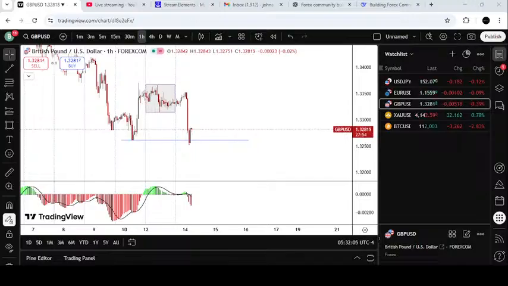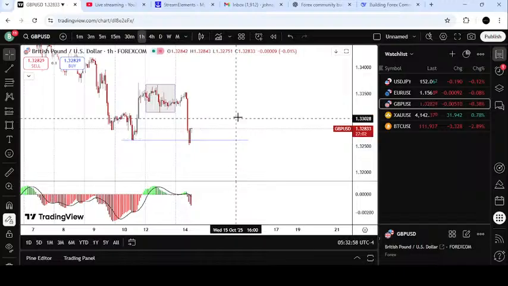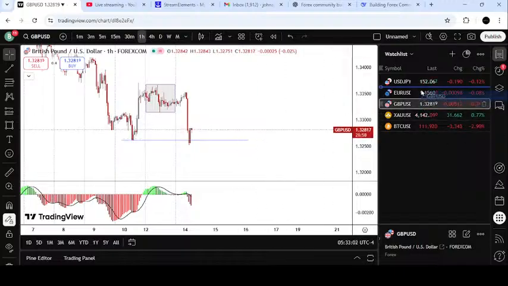Okay, we're going to be starting with this pair, GBPUSD.